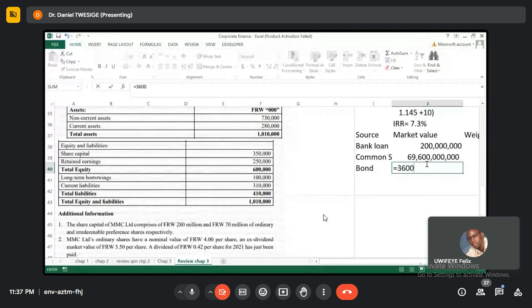Have I copied the right figure on common stock?